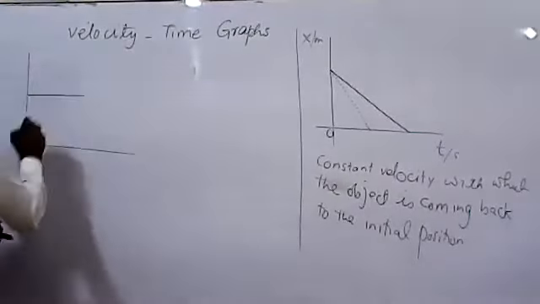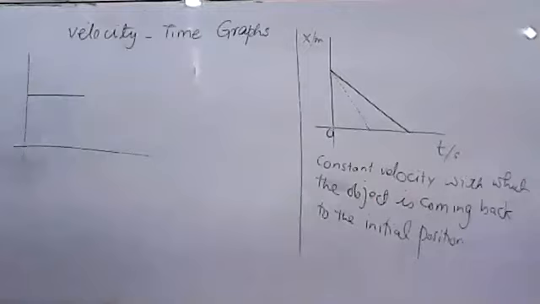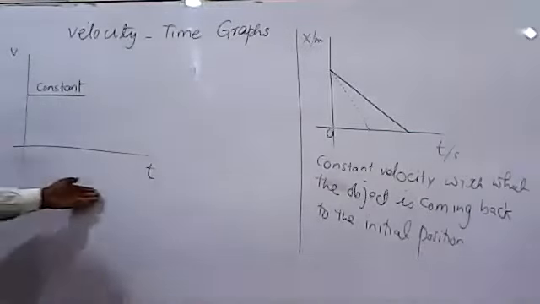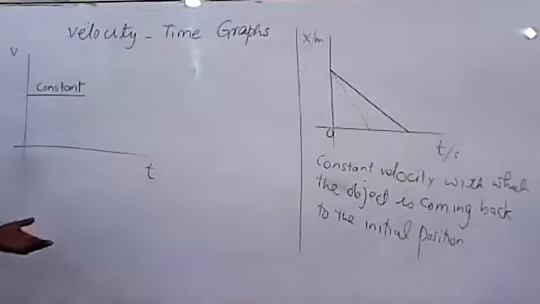This is constant velocity. An object is moving at a velocity which is not changing in time. This is velocity measured in meter per second most of the time, and this is time axis measured in seconds.